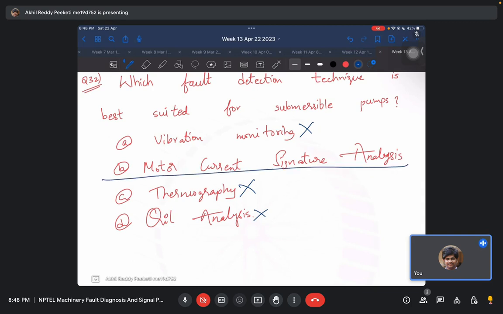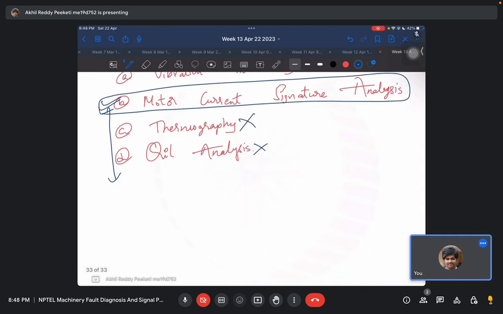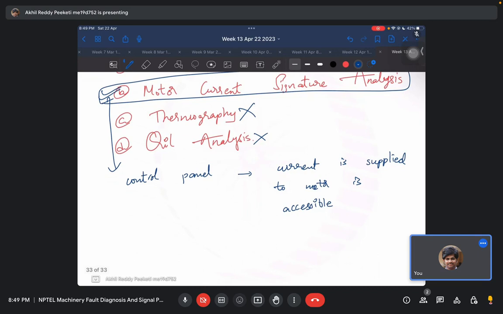So actually motor current signature analysis is best suitable for the submersible pumps because the control panel where current is supplied to the motor will be accessible. By tracking or analyzing this current, we can identify the faults.